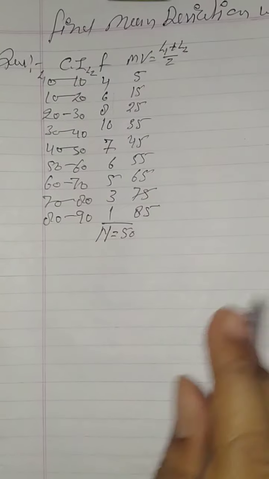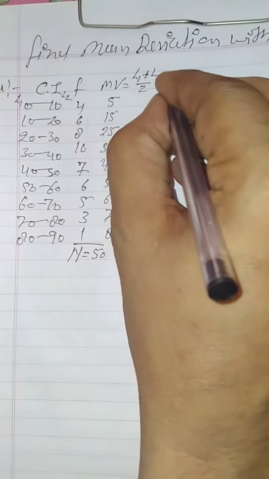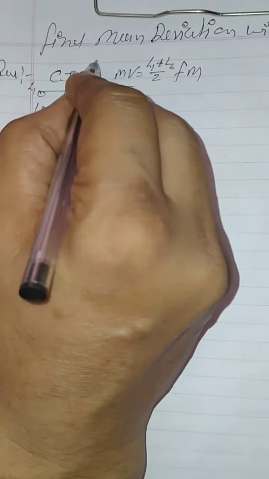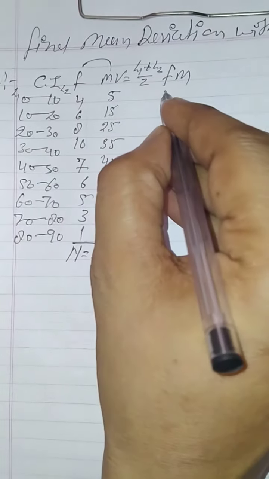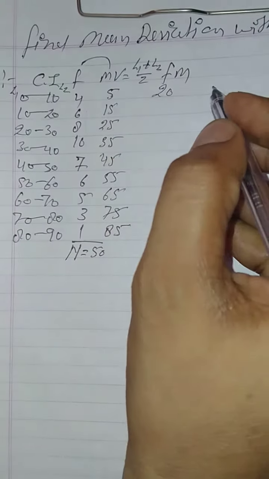After that we will find out fm, that means frequency multiplied with mid value. 5 fours are 20.